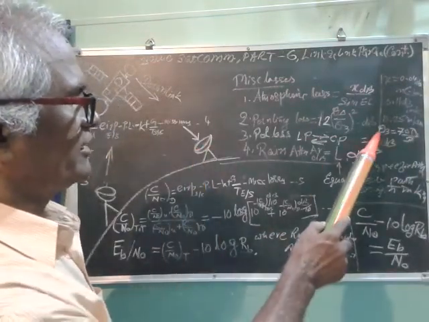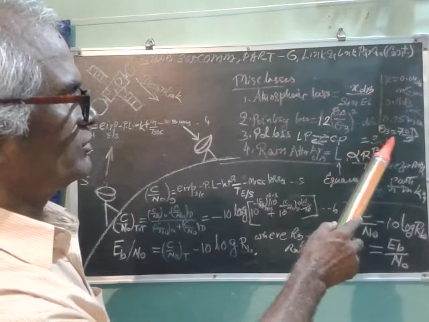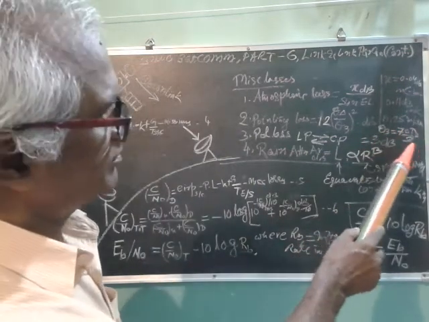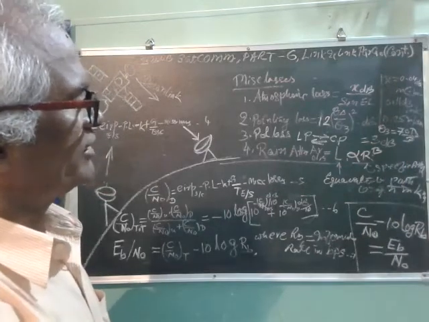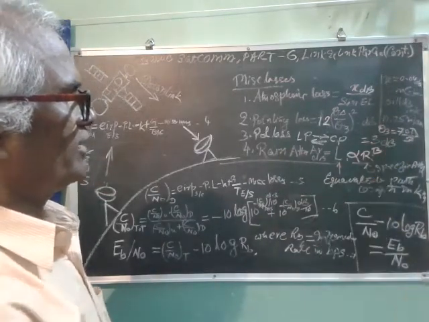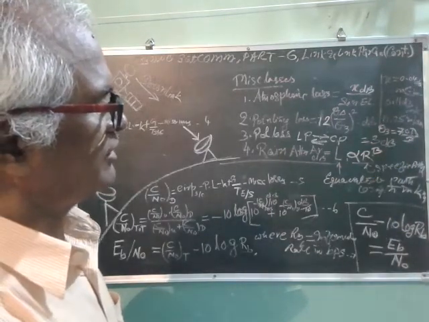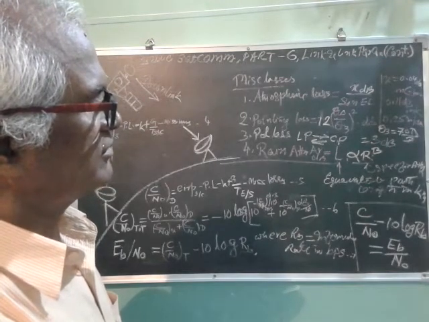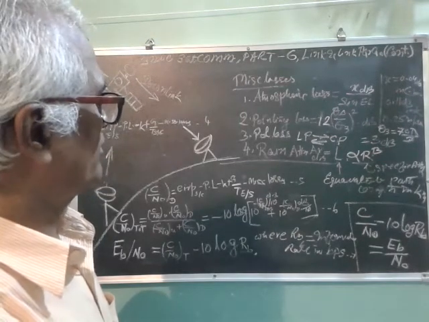That is, theta 3 dB, the half power beam width, will be 70 lambda by D, where D is the diameter, or it can be calculated as 21 divided by f in gigahertz and D in meters.